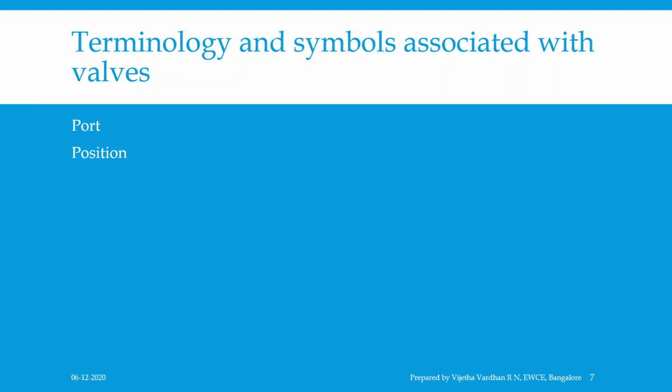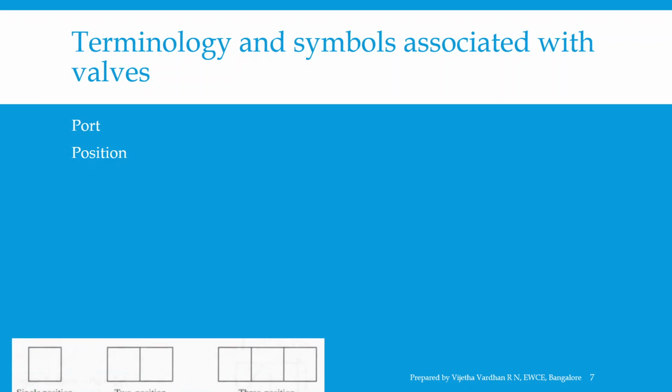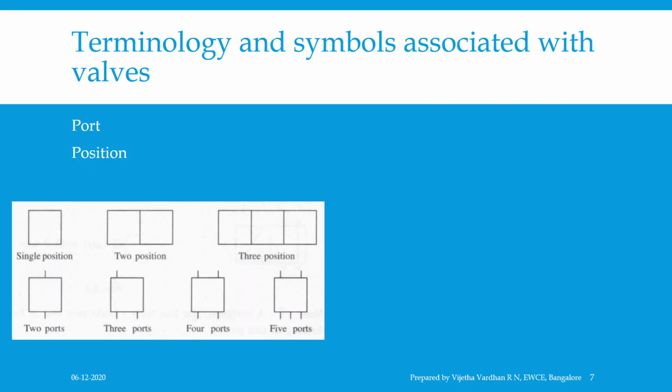Normally, direction control valves have 2 or 3 positions, which you can see in this figure. The top positions we call single position, 2 position and 3 position. And coming to ports, 2, 3, 4 and 5 ports, you can see in the figure. Each position of a valve is designated by a square block, and the number of adjoining square blocks indicates the possible number of positions of the valving element, which you can observe.